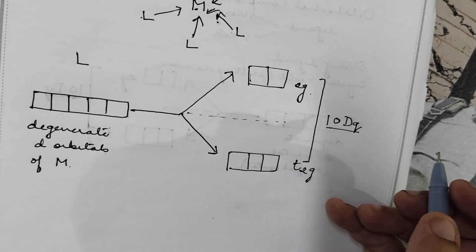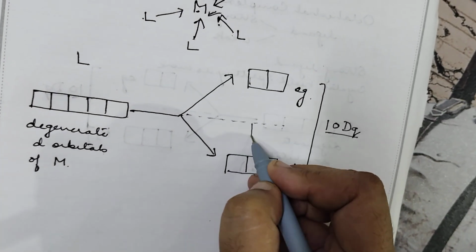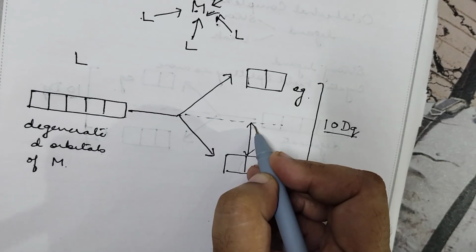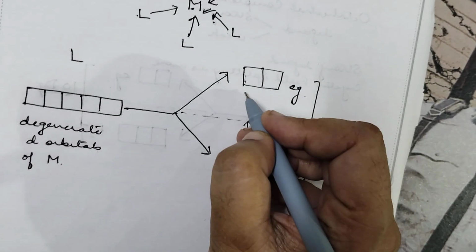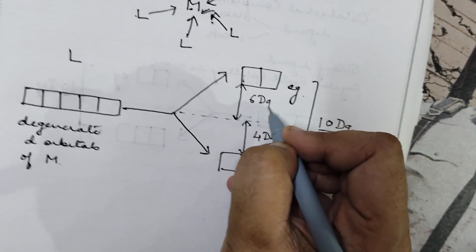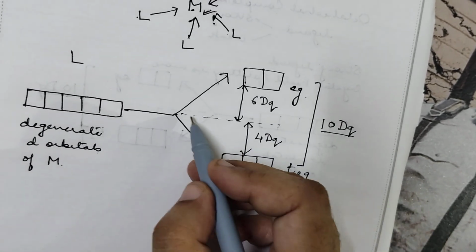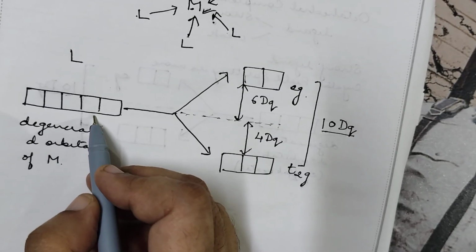And in the octahedral complexes, this energy is taken to be 4 Dq, and this one is taken to be 6 Dq. 6 and 4, the sum will be 10. That is, this is the normal level of the energy of the degenerate d orbitals.